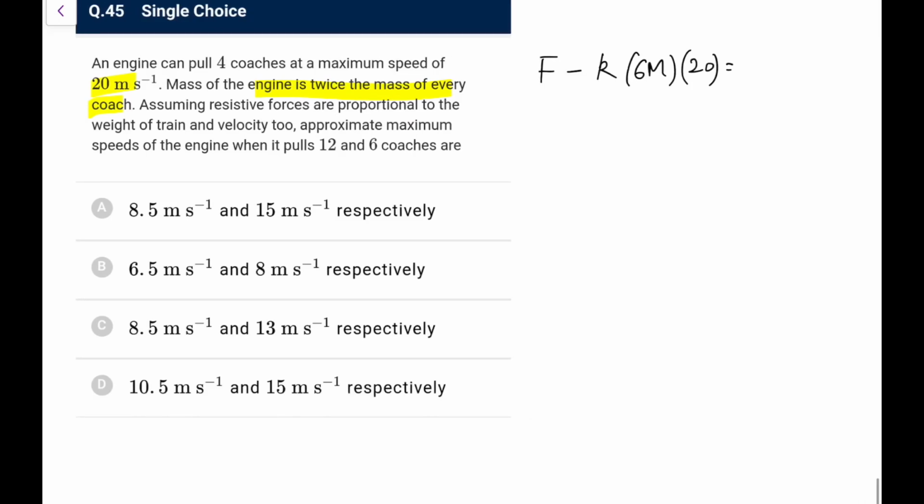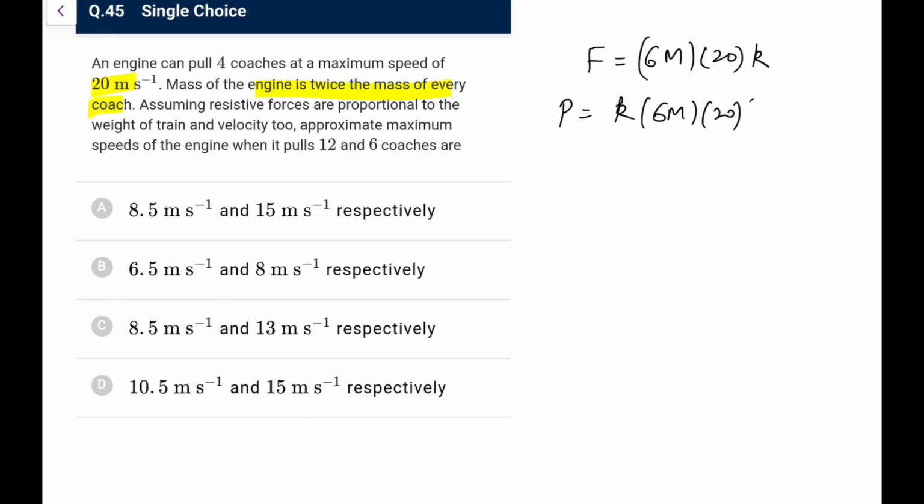We say the power of the engine remains constant. So the resistive force would be 6m into 20 into some constant K. So the power would be K times 6m into 20 into 20, that is 20 square, that is the fixed power, that is going to be fixed.